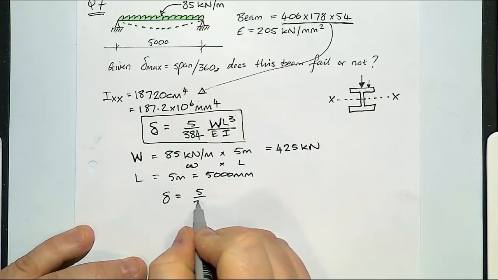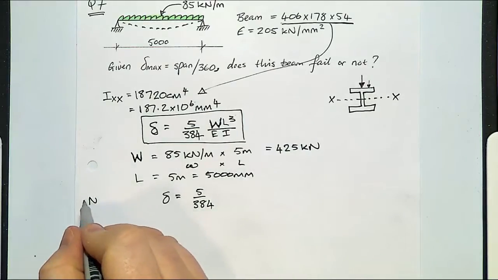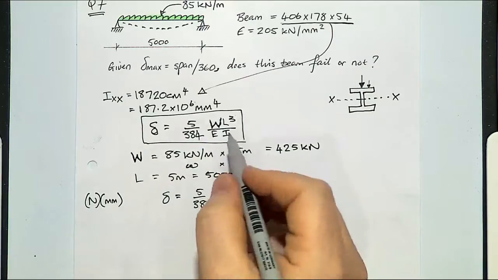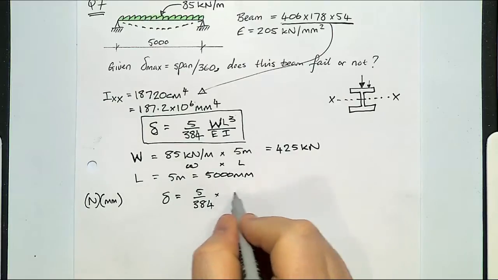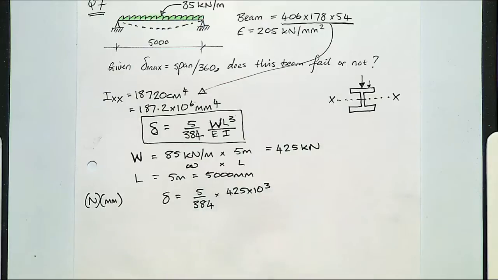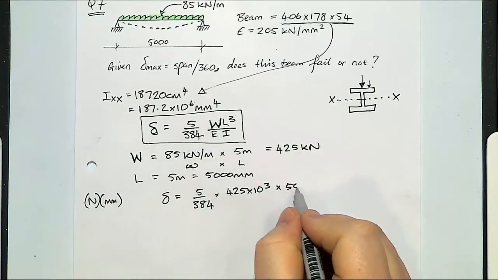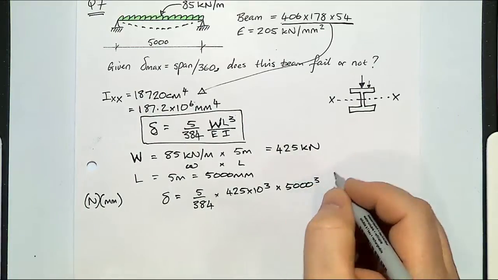So 5/384. We'll put everything into newtons and millimetres. So our W is 425 times 10 to the 3 newtons times 5,000 millimetres cubed.